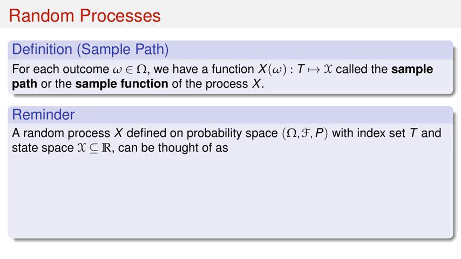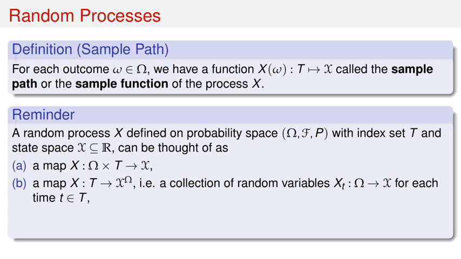As a reminder, a random process X defined on a probability space (Ω, F, P) with an index set T and a state space 𝒳, a subset of R, can be viewed in a few different ways. A, as a map X from the Cartesian product Ω × T to 𝒳. So X(ω, t) is a value in 𝒳.